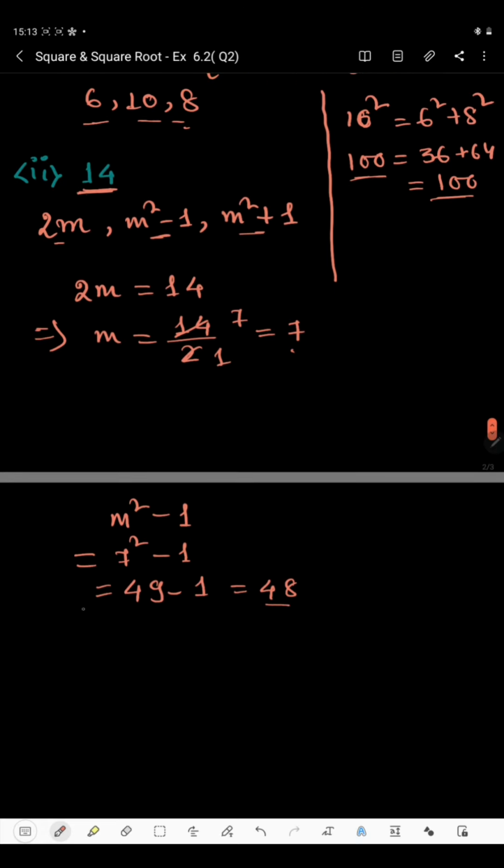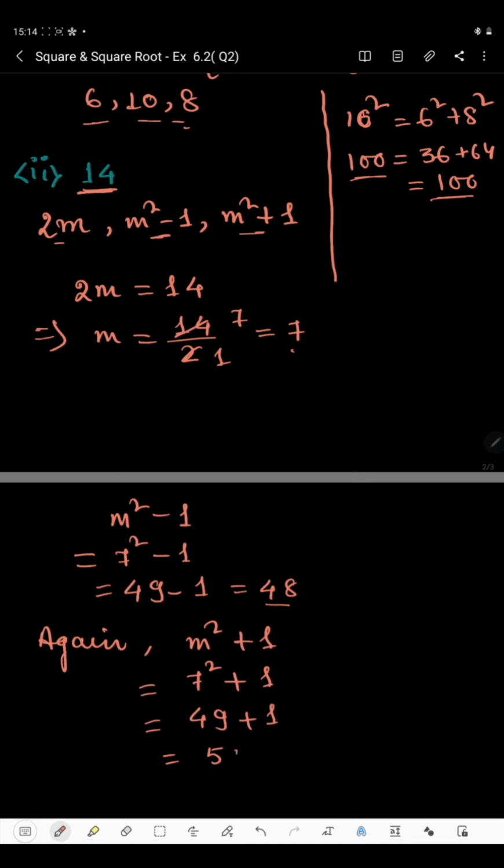Now coming to the third member, we have m square plus 1. Again we will put the value of m, which is 7. So 7 square plus 1: 7 square means 49, plus 1 is 50.